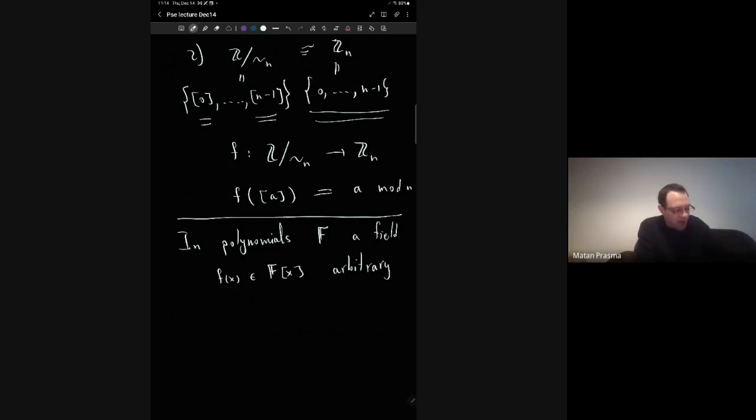Now I can define polynomials modulo this polynomial f, just as I did before.